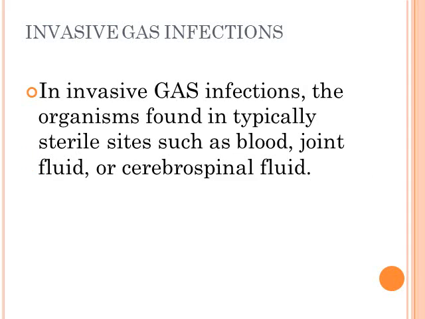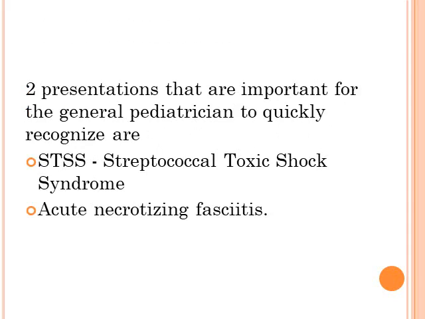So, invasive group A streptococcal infections. In invasive group A streptococcal infections, the organisms are found in typically sterile sites such as blood, joint fluid or CSF. Two presentations that are important for the general pediatrician to quickly recognize are streptococcal toxic shock syndrome and acute necrotizing fasciitis.